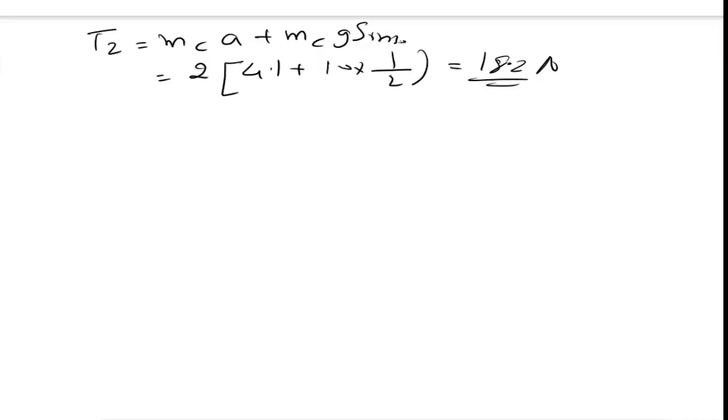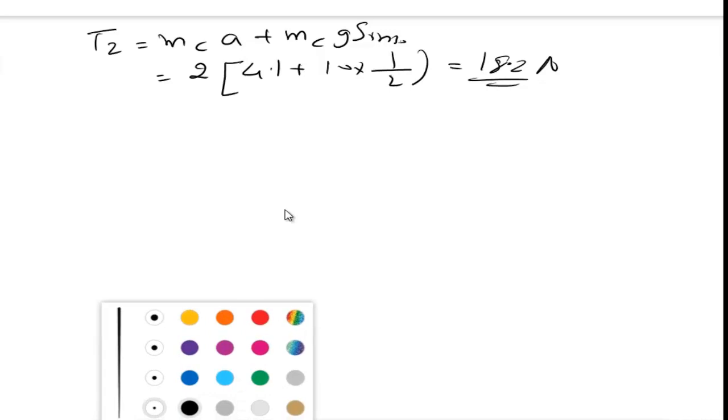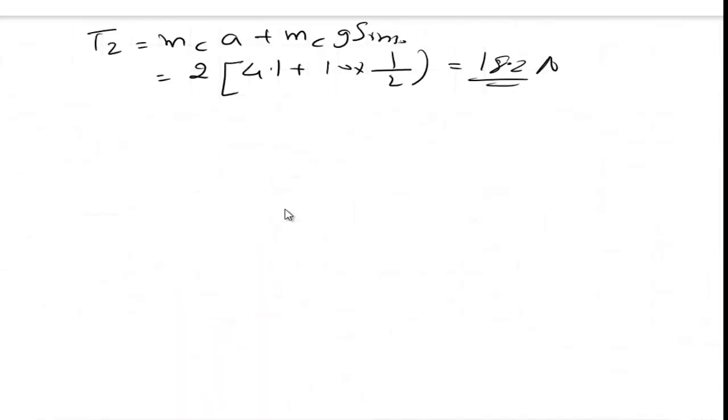Here next, another question is given. What should be the acceleration of the box? We need the acceleration here. The figure is given like this. This is a box, inside that mass A, and it is accelerating downwards.